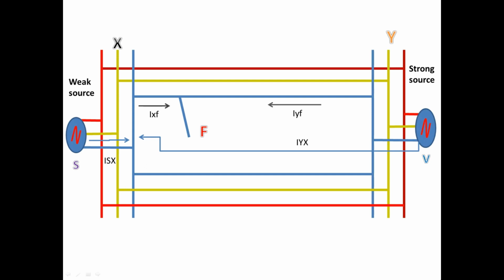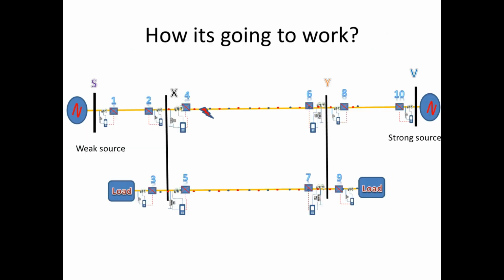and due to this reaction the current IXF will be lesser than IYF, so IYF will be dominant. So in this case the IXF current will be less, so the relay over here will not be able to detect the zone 1 fault.